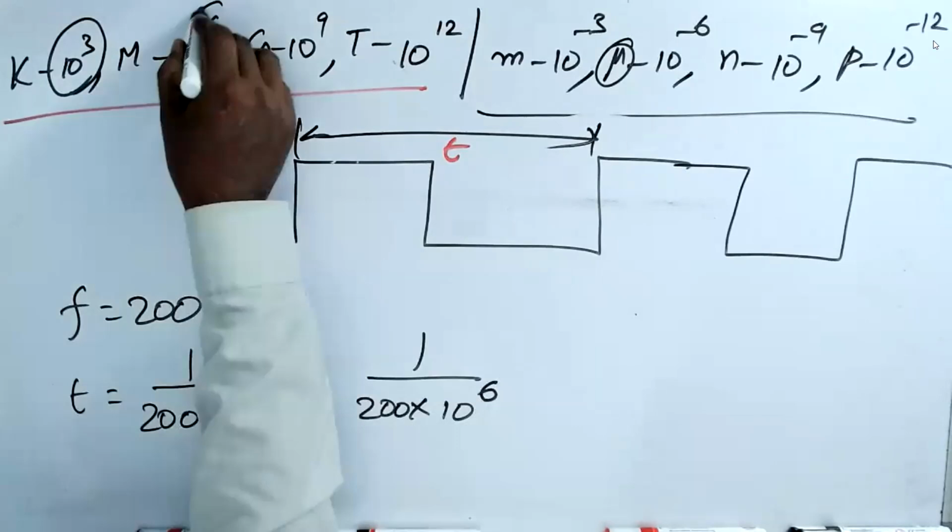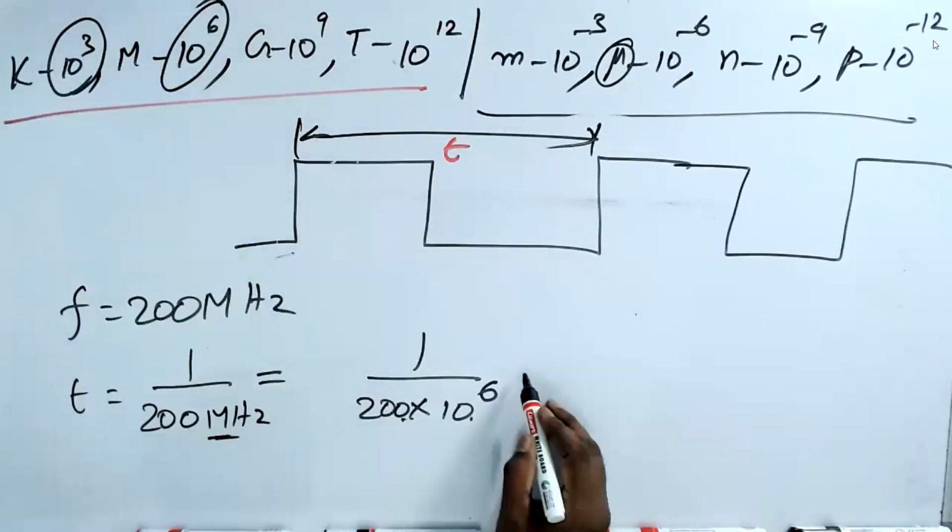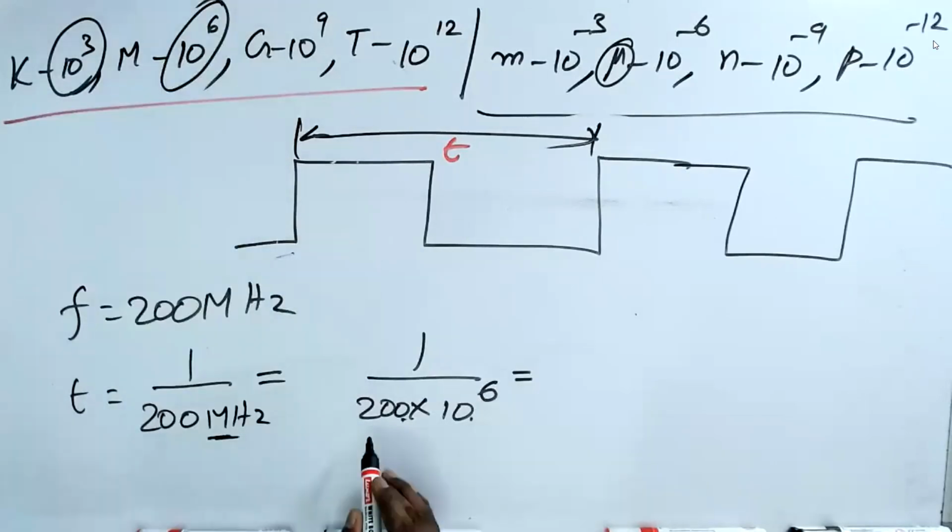But I told you that 200 is at the bottom, so multiply top and bottom by 1000.